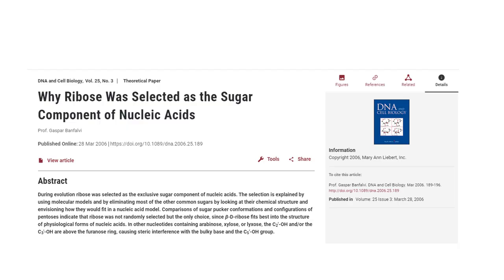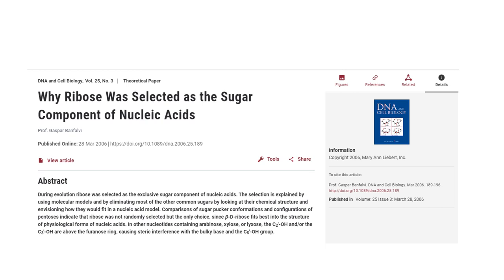This was a theoretical paper looking at a variety of different calculations about what the different possible pentose sugars could do to the structure of DNA, and their conclusion, that you see on the 4th line, is that ribose was not randomly selected, but the only choice, since beta-D-ribose fits best into the structure of physiological forms of nucleic acids.